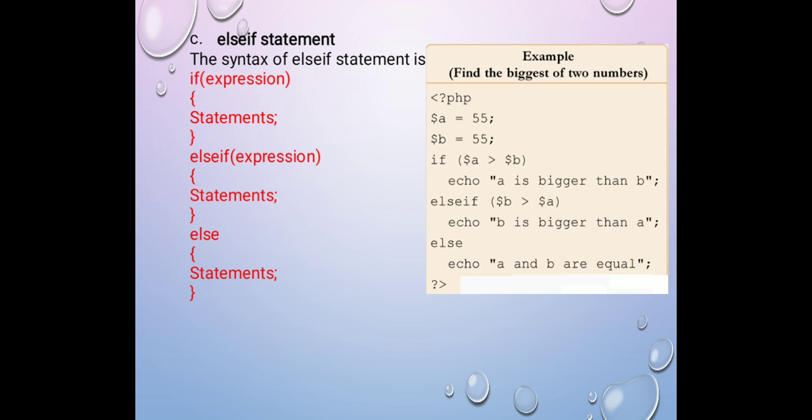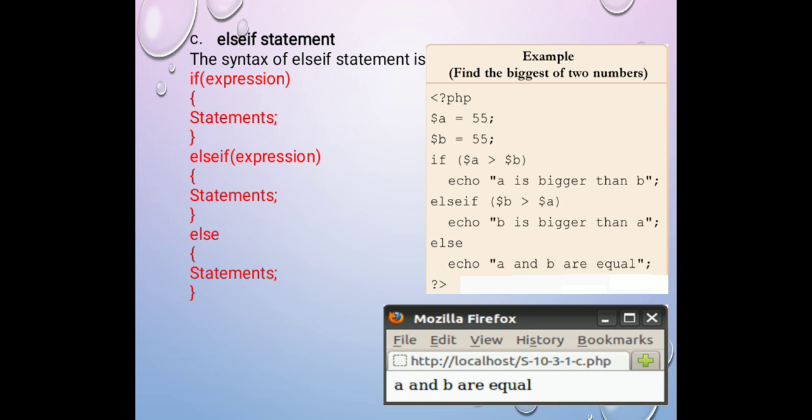Here there are three conditions. First condition, A greater than B. Then the second condition, B greater than A. Else case, another case. Here we use the else if statement, and the last statement is echo A and B are equal. So here the output will be A and B are equal.